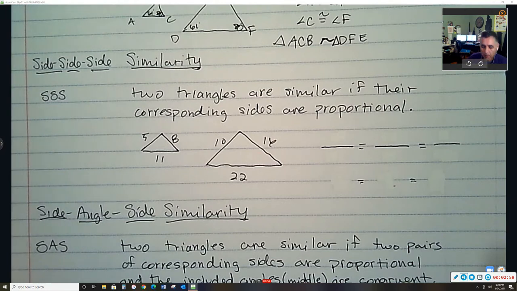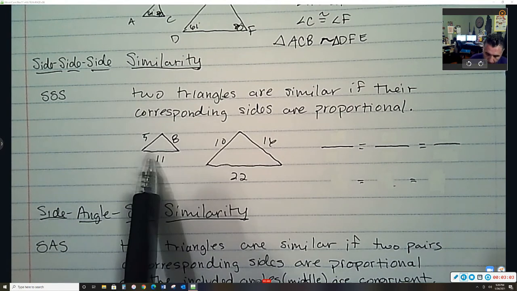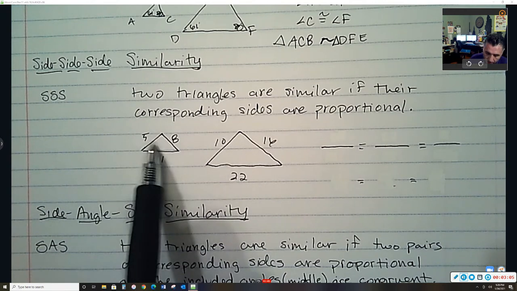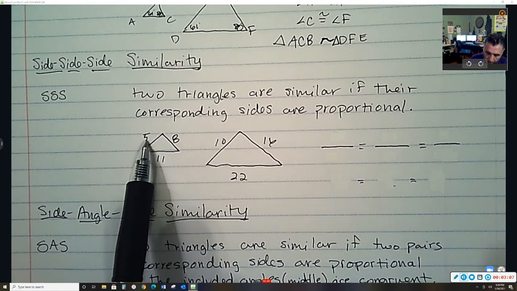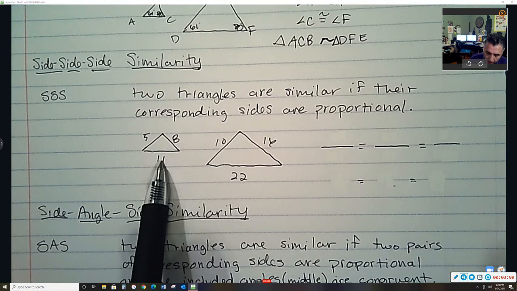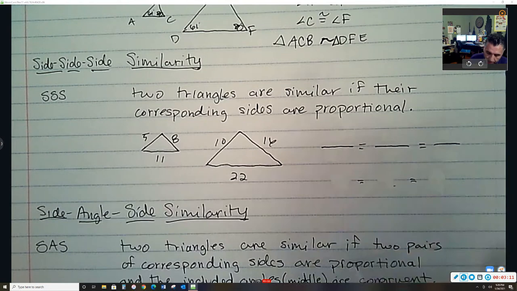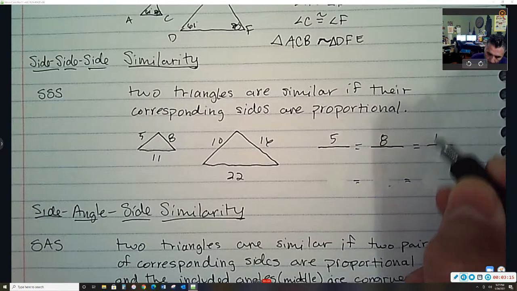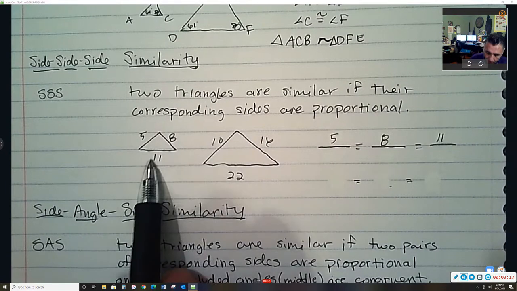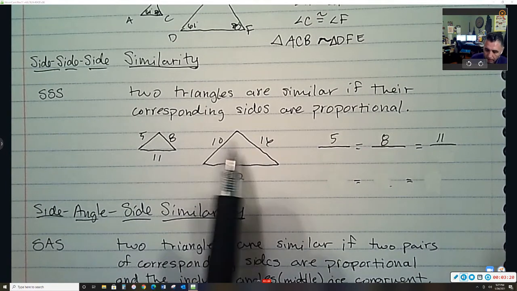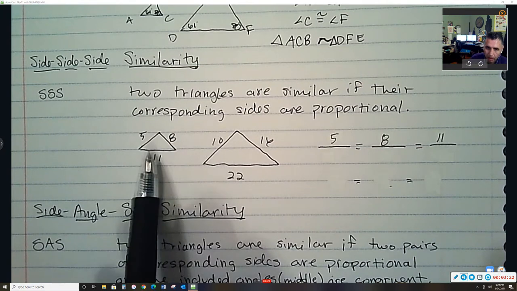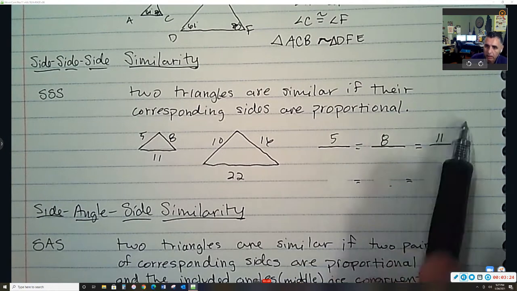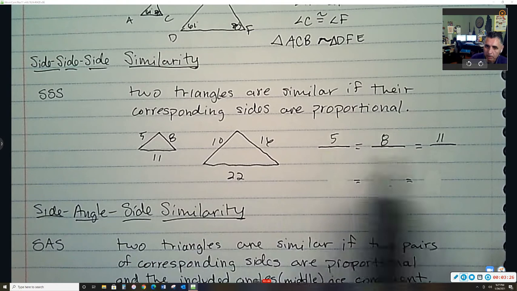The way we match these up: I always look at one triangle and say, this is the smallest side, the middle length, and then the largest length. I write these sides out in order from smallest to greatest. And if the triangles are left to right, I always put the left measurements on top and the right measurements on the bottom.